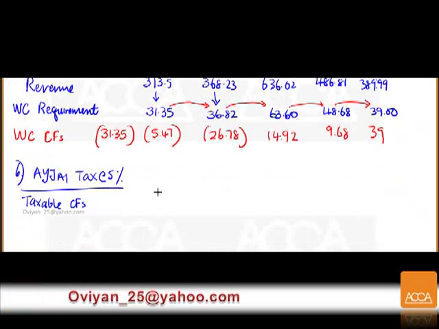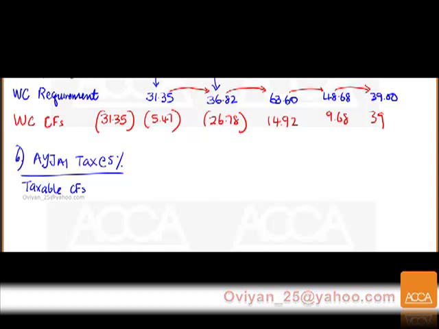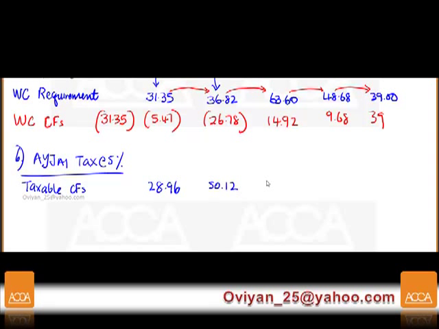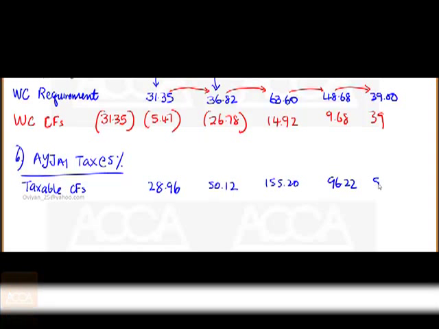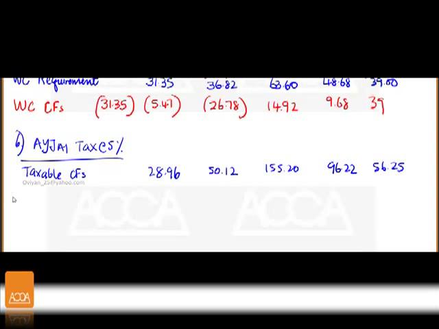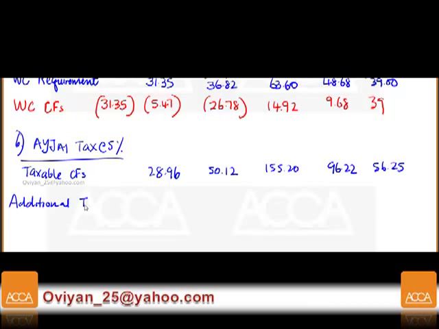So we're going to copy that taxable profit cash flows first. Taxable cash flows 28.96, 50.12, 155.20, 96.22, 56.25. Okay, you're going to have here additional tax.